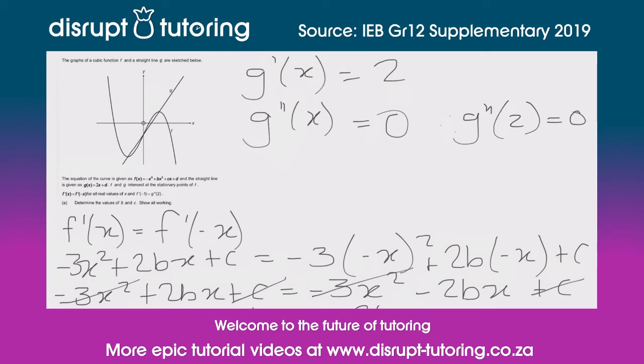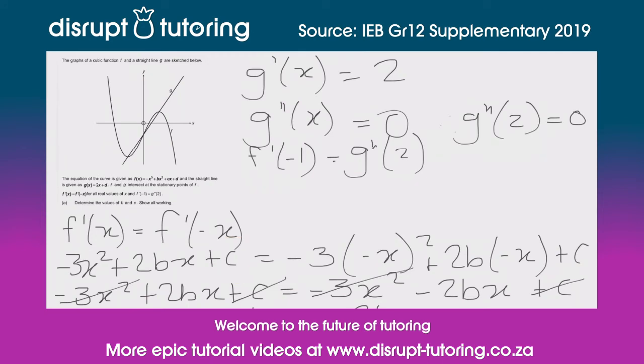Right, so they've said to us f dash of minus 1 equals g double dash of 2. Right, so now we need to calculate that f dash of minus 1. So we're going to use the derivative as we found it over here, right?